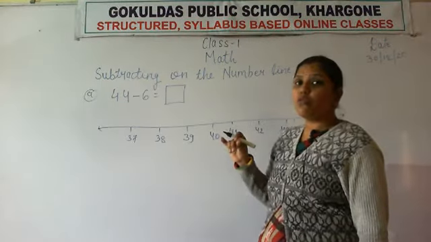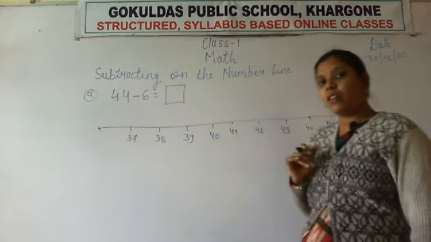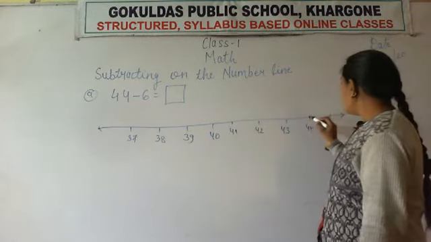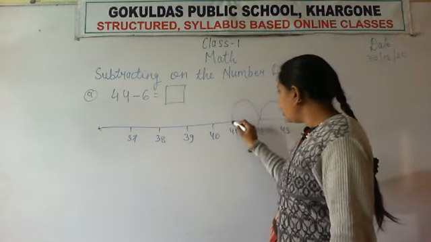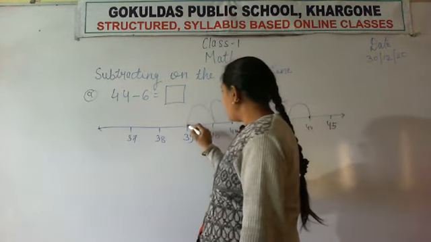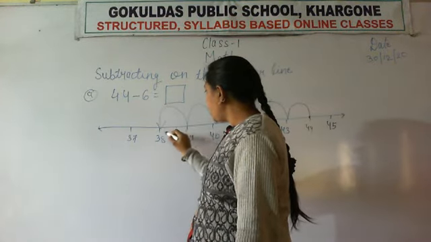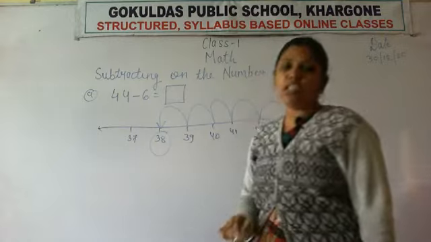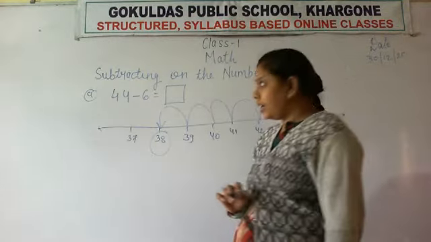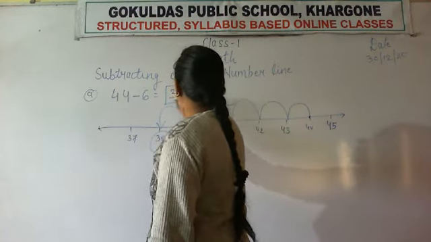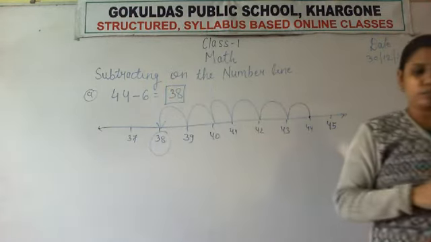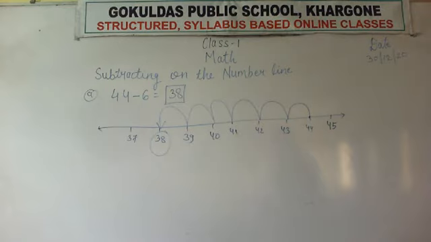Start moving: 1, 2, 3, 4, 5 and 6. So we reach number 38. We stop at number 38. So the answer of 44 minus 6 is 38. So write here 38.